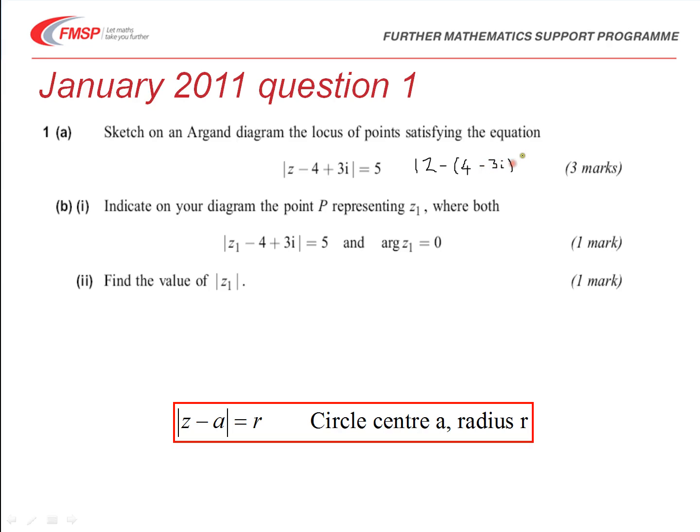By writing it in this form, you ensure that you get the centre of the circle in the correct place, because you now know the centre of the circle is at 4 minus 3i, and the radius of the circle is 5. Those two things are key if you're going to sketch the correct diagram for this particular locus.